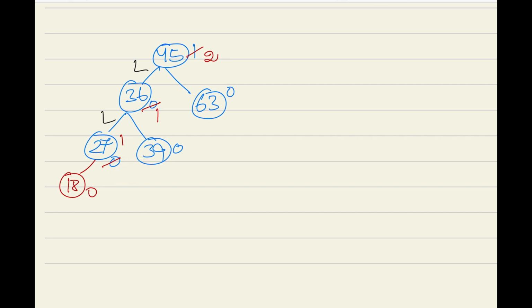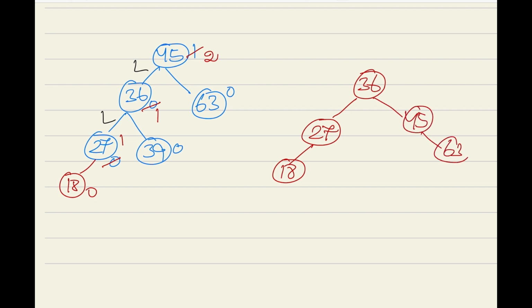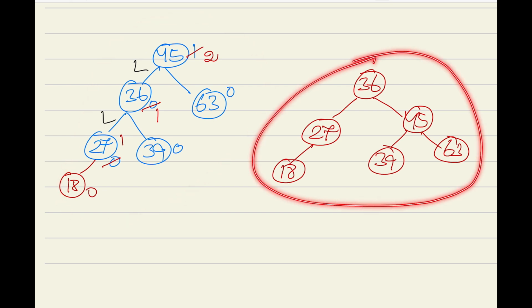Let me draw the new structure. So 36, then 27, then 18, then 45, 63, and 39 is pushed to the left of 45. So if we apply LL rotation to this tree, the structure will be like this.